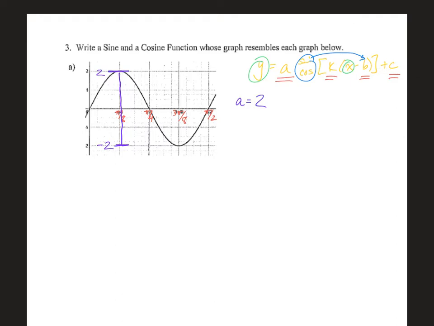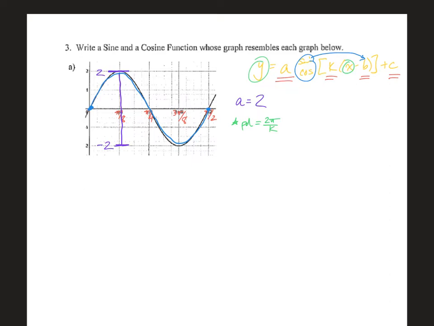Okay, if I get to my k value, well, I know that I have that special relationship of period is 2 pi over k. Some people will go straight to using that. Others can kind of look at that curve and say, I can see one complete cycle, and I can see how long it takes to complete that: pi by 2.